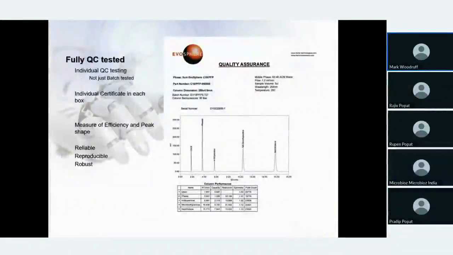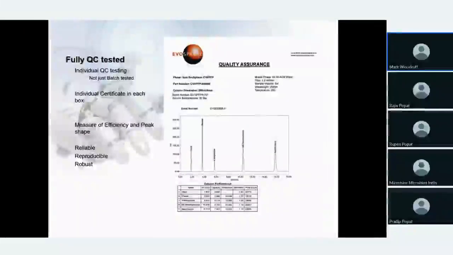One of the things that we do as a manufacturer, because we're telling you that these particles will be high efficiency, will have good peak shape and good selectivity, is that we fully QC test each column. So the certificate that you get in the box with the column is for that individual column. It proves to us that we have these 150, 160,000 plates per meter on our 3 micron columns, and that we have 120,000 plates on our 5 micron columns.